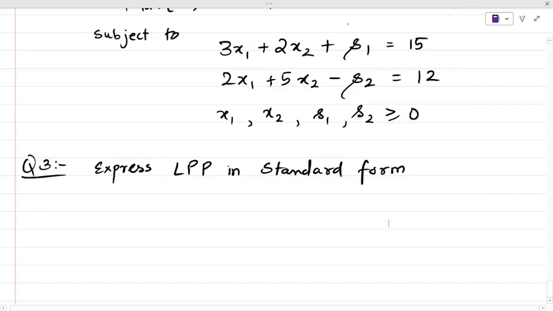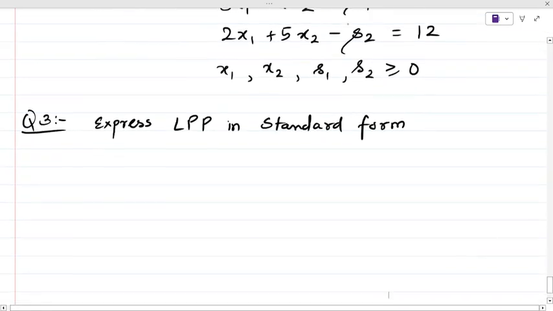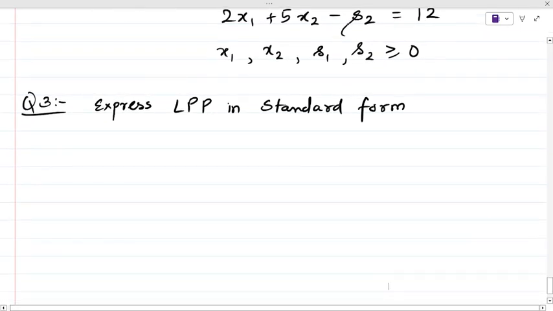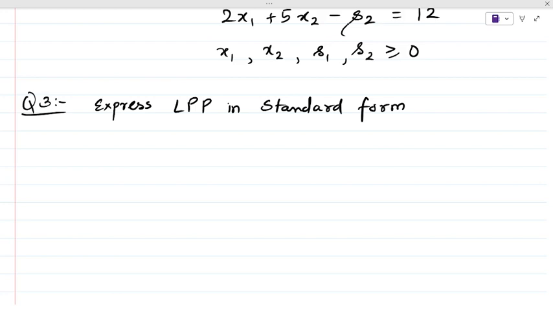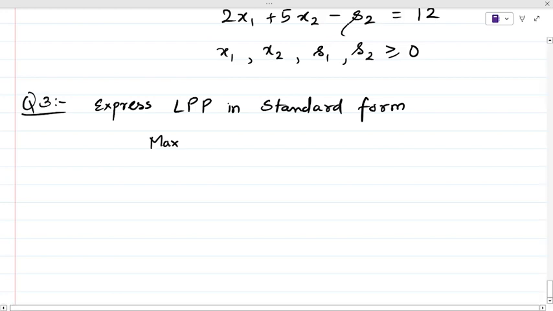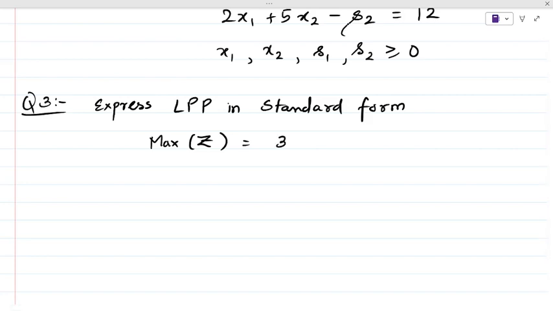Now things are going to be a little bit difficult, because we are now moving to something called an unrestricted case. Okay, so LPP in standard form, so maximization of z is there. Here it is 3x1 plus 2x2 plus 5x3, subject to.